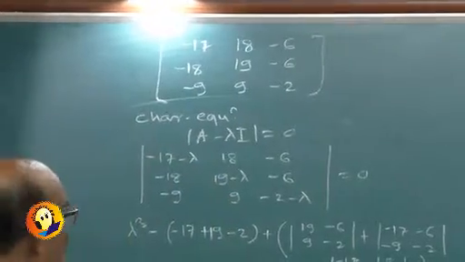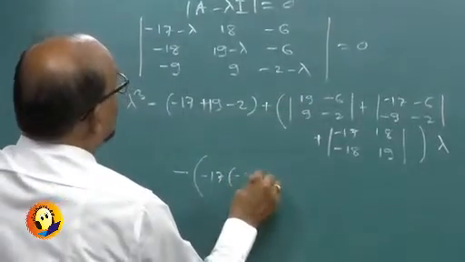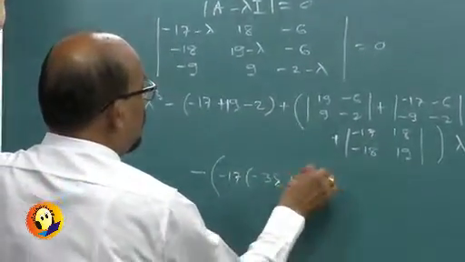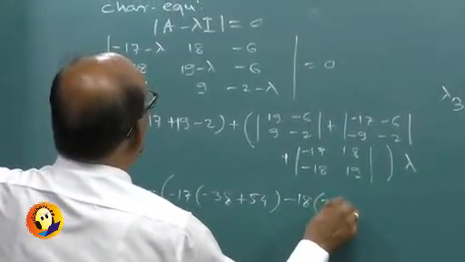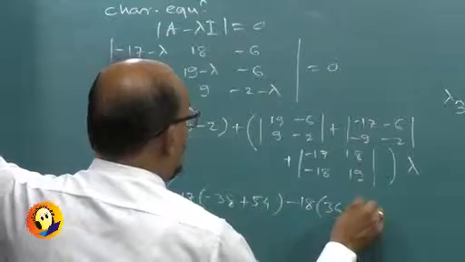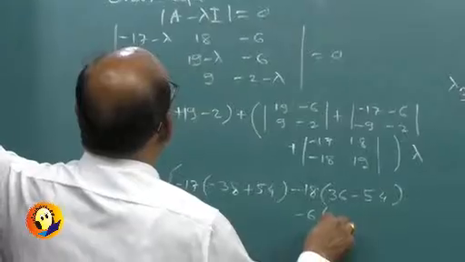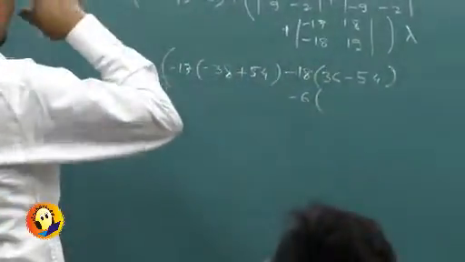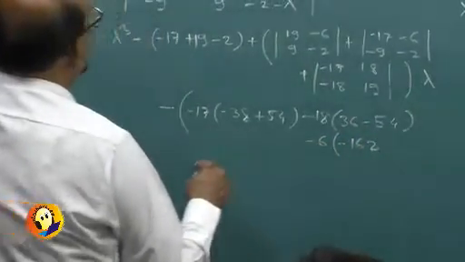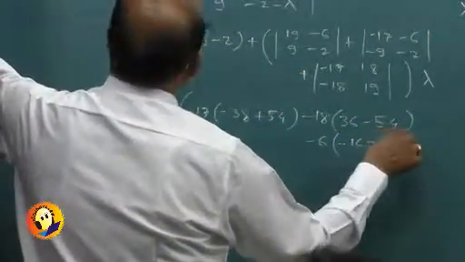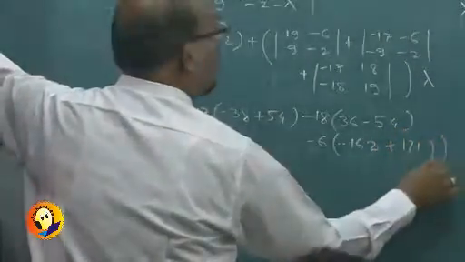Lambda minus 17 into bracket minus 38 plus 54, plus 54, minus 18 into bracket 36 minus 54, minus 6 into bracket 162 minus 162, plus 171 equal to 0.